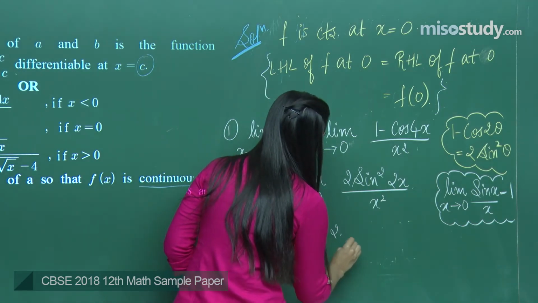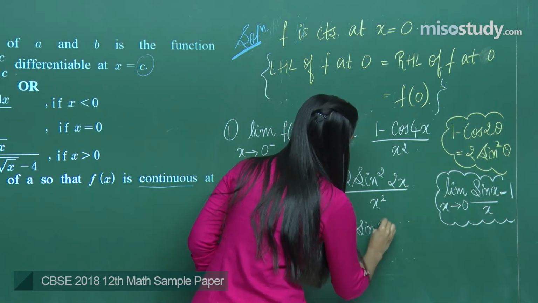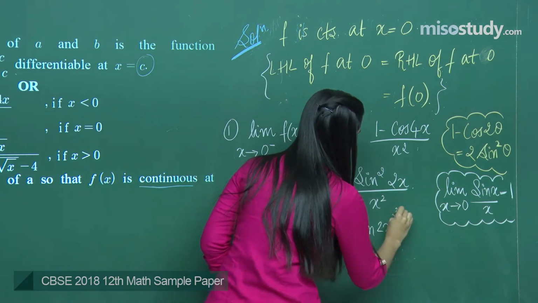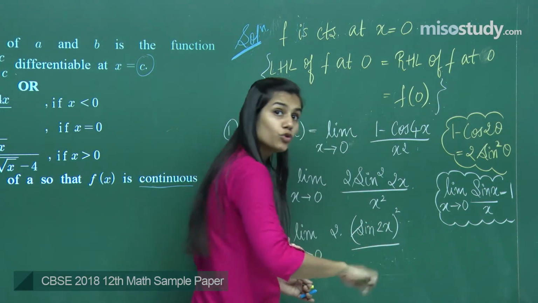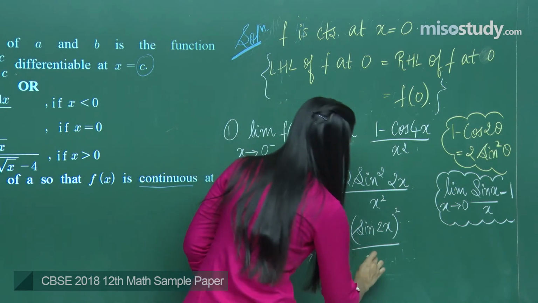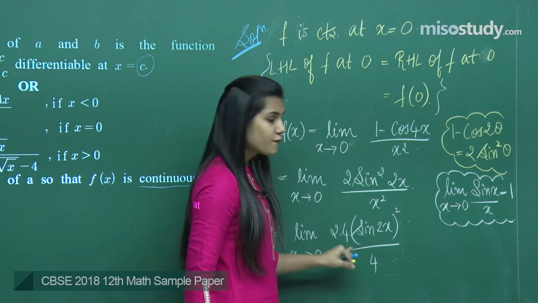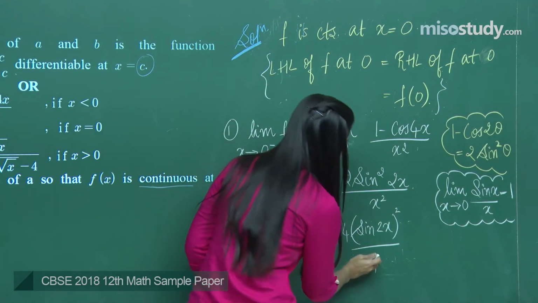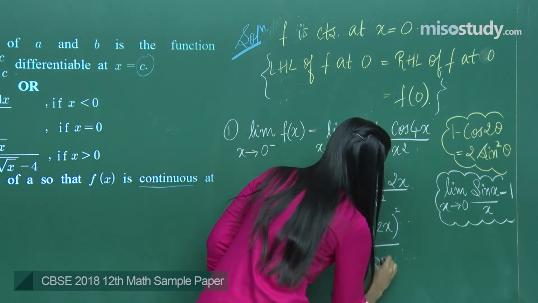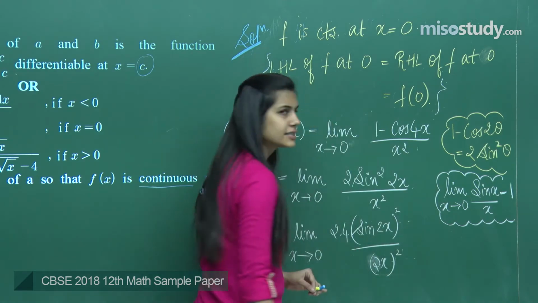So this becomes 2 into sine 2x whole square upon 2x whole square, which gives me a 4, and therefore I multiply a 4 above, 4 below, so that I get this.